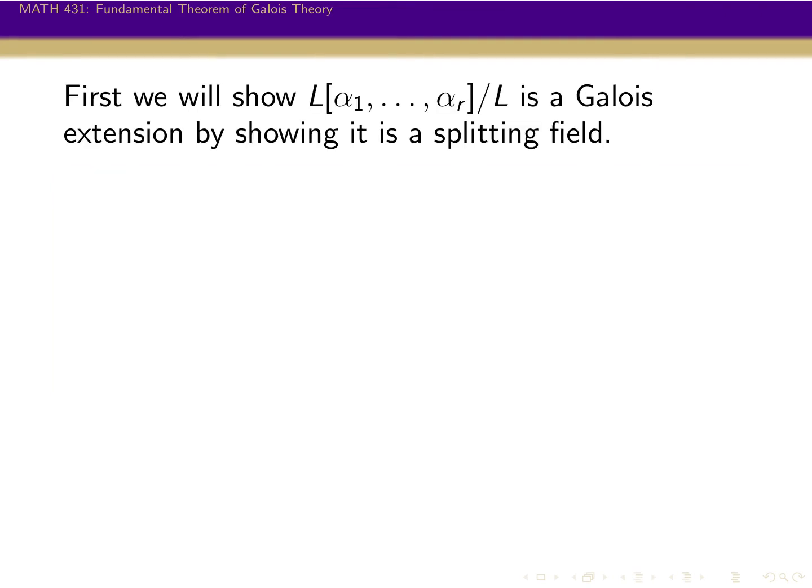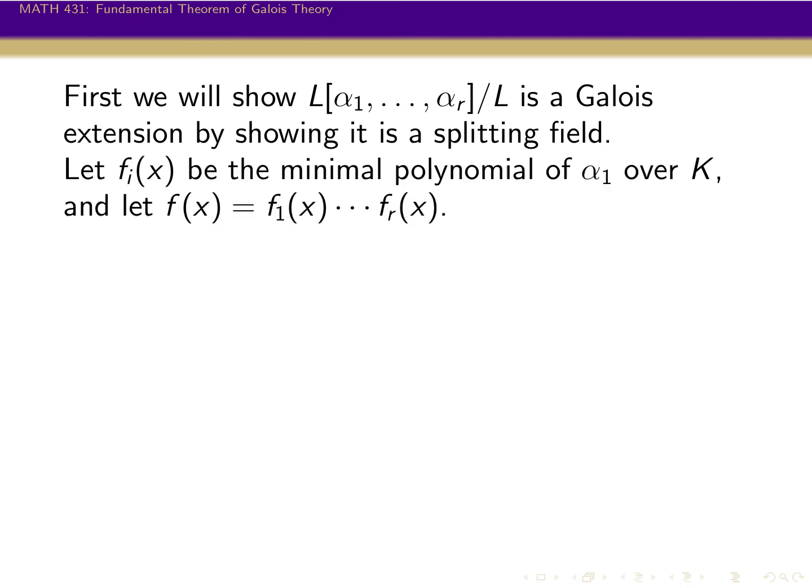So first we're going to show that this L adjoin alpha 1 through alpha r over L is a Galois extension, i.e. a normal extension, and we're going to do that by showing that it's a splitting field. So this is connecting splitting fields with Galois extensions.